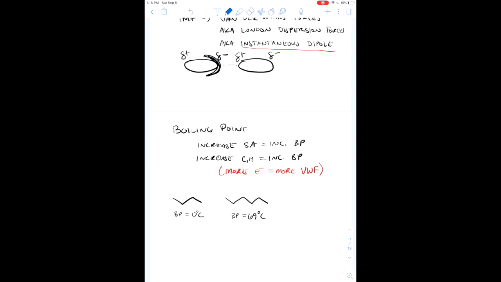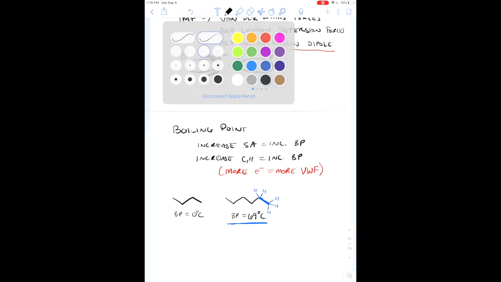And that's because all we did here was add 2 more carbons, which obviously has a couple more hydrogens in there as well, right? But that's really all we did. Other than that, there's still the same intermolecular forces that are occurring within this, but just based on the fact that we have more electron density in this one, that's going to allow us to have more intermolecular forces overall.